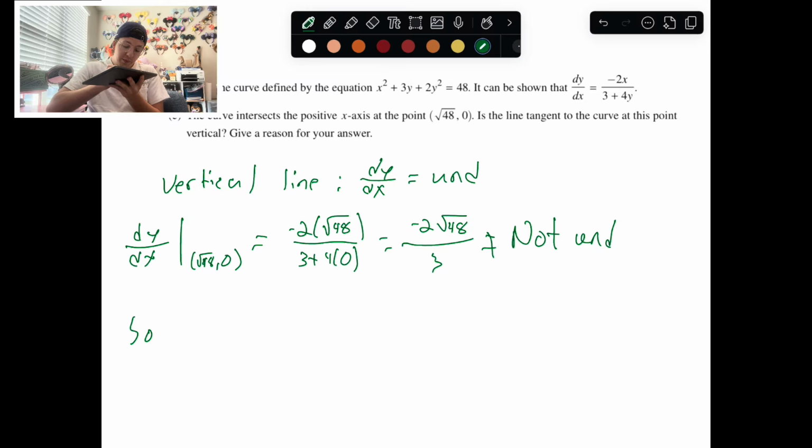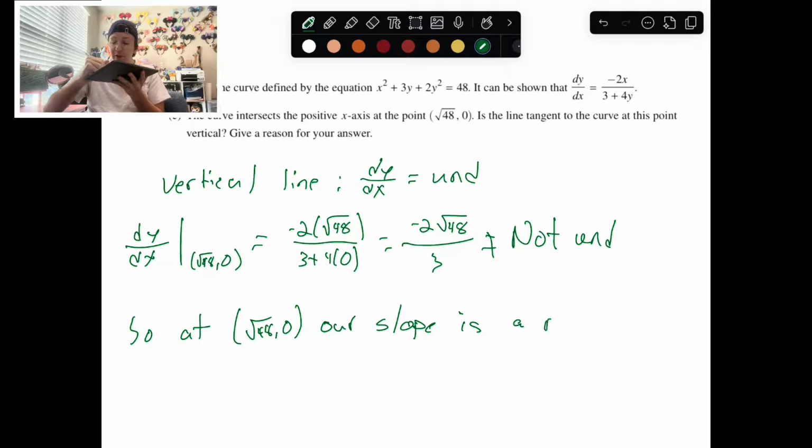So at square root 48, comma 0, our slope is defined, or is a real number.